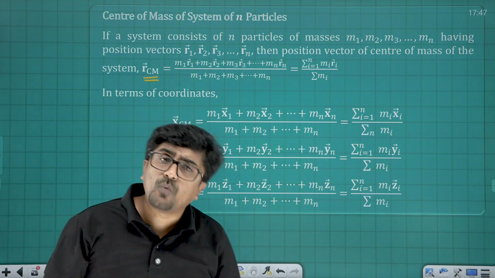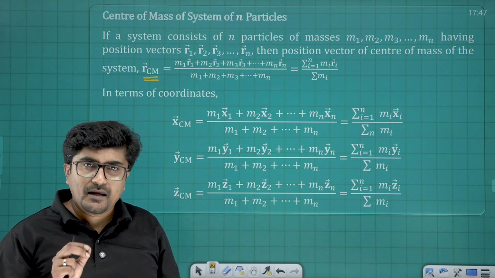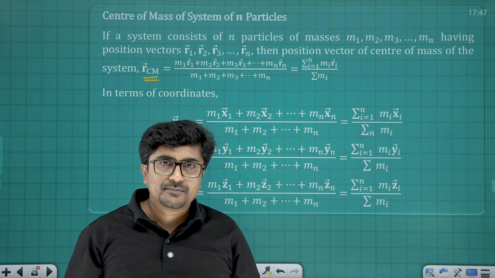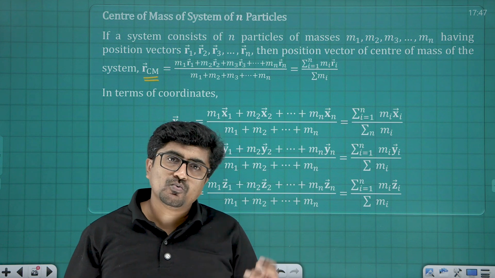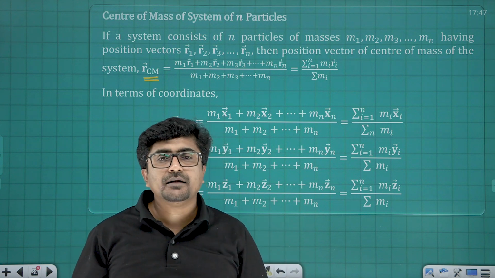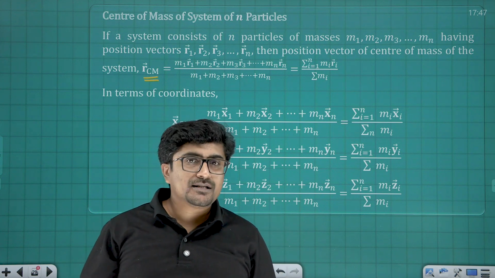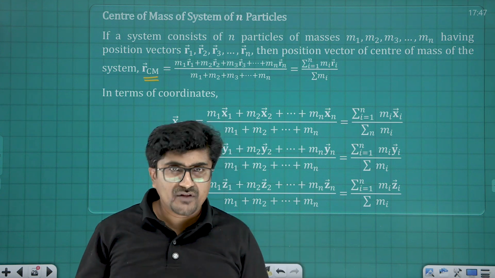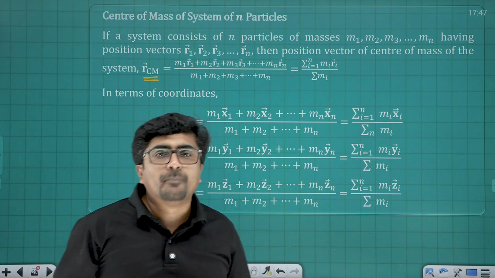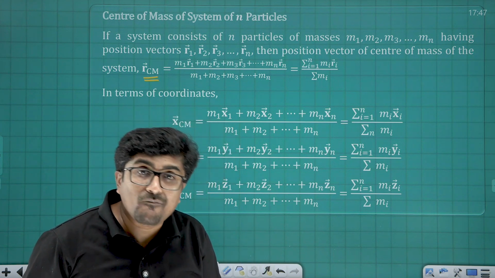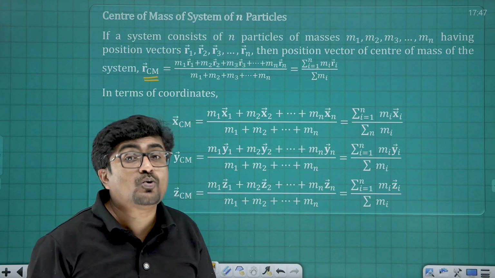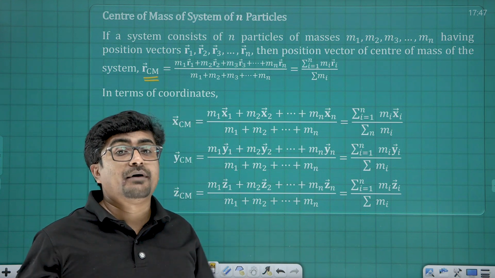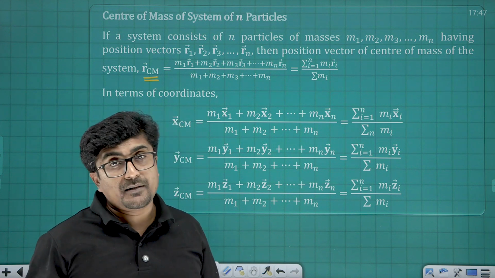Now let us see what it means. Let us consider a system which contains n number of particles. Mass is m1, m2, m3 etc. up to mn, and the position vectors of the masses are given as r1 vector, r2 vector etc. up to rn vector. Then the position of the center of mass of the system is going to be m1 r1 vector plus m2 r2 vector etc. up to mn rn vector, all divided by m1 plus m2 etc. up to mn.